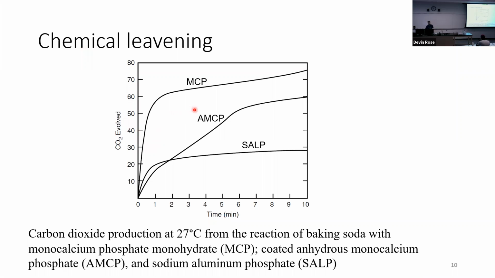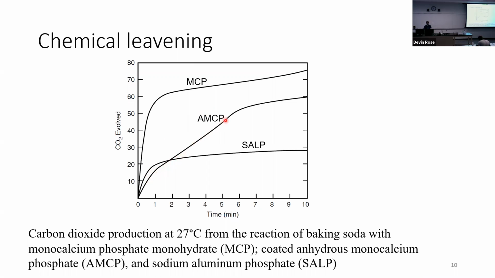So monocalcium phosphate, this one releases acid very fast, right? As soon as you mix those two ingredients together, lots of carbon dioxide is going to be released. In contrast, if you use anhydrous monocalcium phosphate, that would have some kind of coating, a lot of times an alumina coating or something to slow down the reaction.